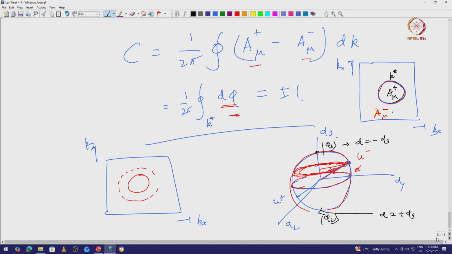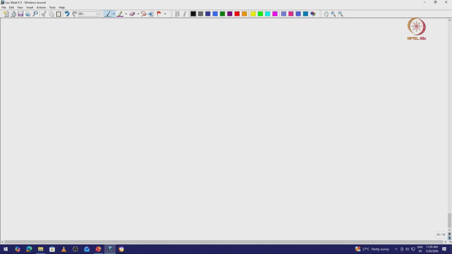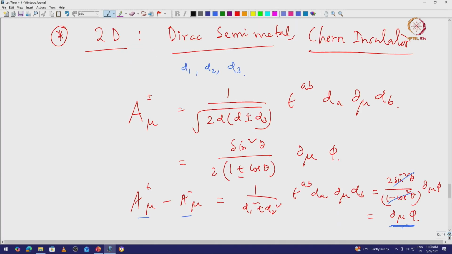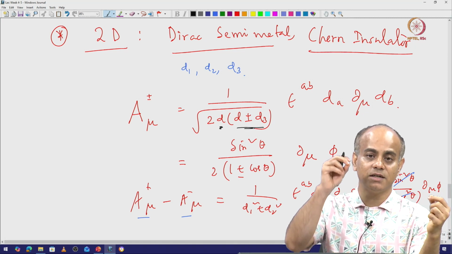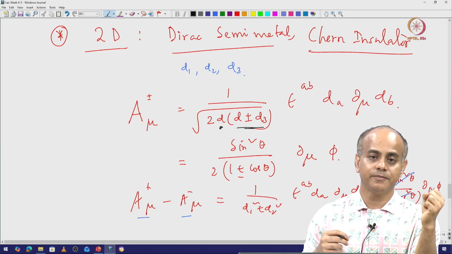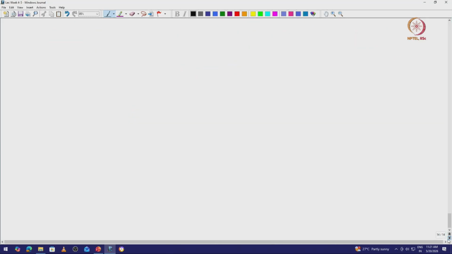So we identify, and this is where d equal to 0. So identify three special points in which things can go wrong or things can be ill defined. One is when d equal to 0, another is when d equal to plus minus T3. D equal to 0 corresponds to the center, kind of a Dirac monopole, and d equal to plus minus D3 are the north pole and south pole, right. So, special points.